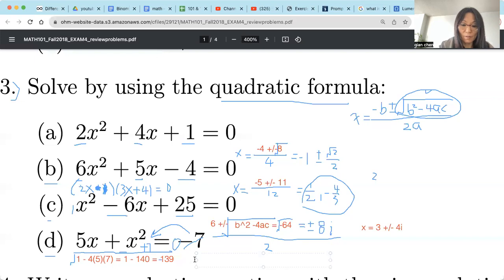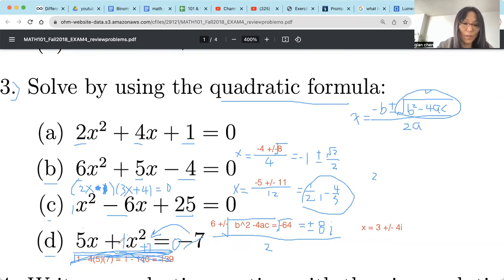So that means x equals negative b, which is negative... Oh, what am I doing? I think I made mistakes. No, this is totally wrong. Okay, let's start from the beginning for D. Because a is 1, b is 5.